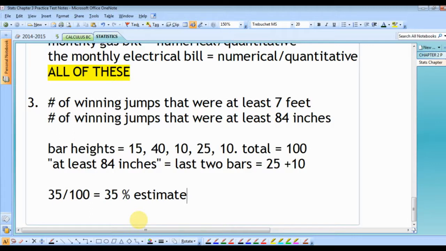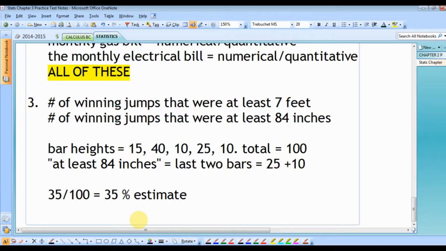Actually, that was a really good question. What about those ones that are above 84 but less than 85? Because you have to estimate, you know the correct answer needs to be a number greater than 35, not that much greater, but greater than 35. You also know the number needs to be less than 45 because that middle bar is 10.